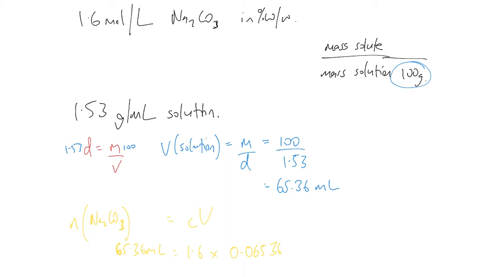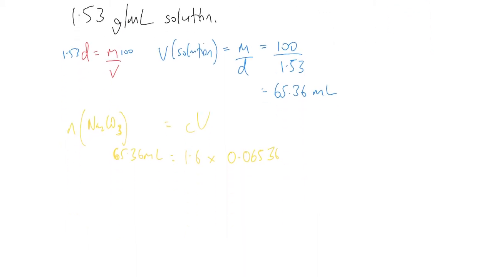So that's 65.36 divided by 1,000 times 1.6, which is 0.105 mole. I can then work out the mass of that Na2CO3, which is the number of moles times the molar mass, 0.105 times 105.99, which is equal to 11.08 grams.